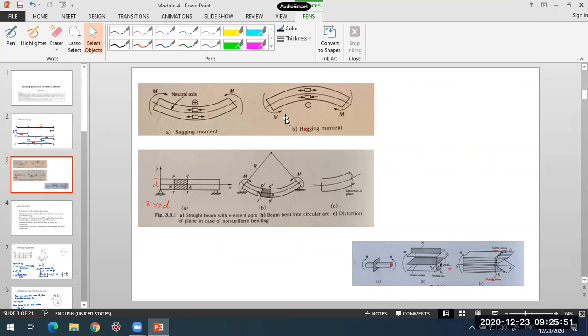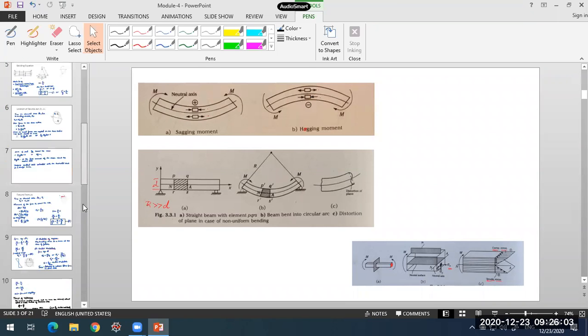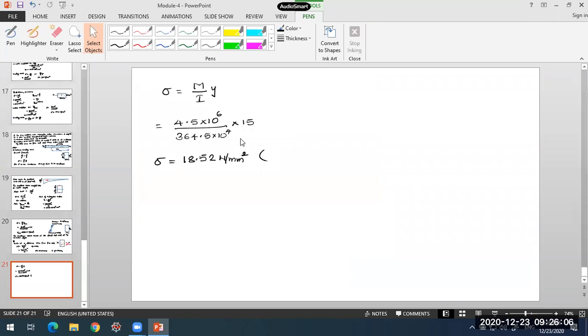What we are dealing with now is hogging, so here the fibers below the neutral axis are in compression. So whatever stress we have determined, this 18.52, is compressive stress. That is the nature of stress over here.